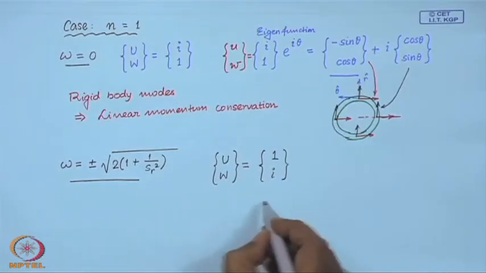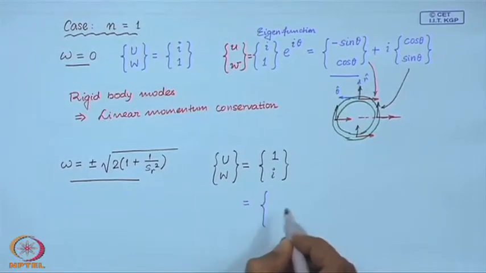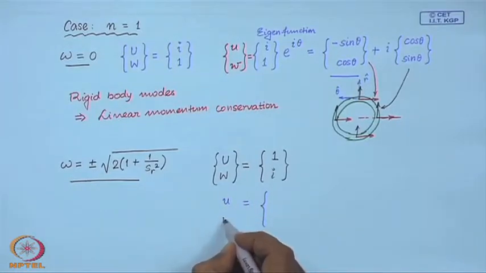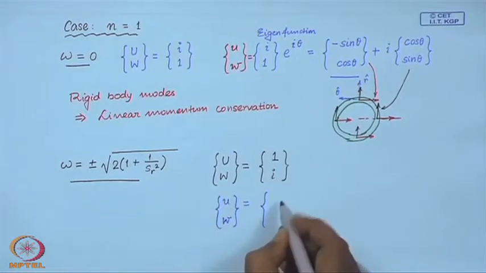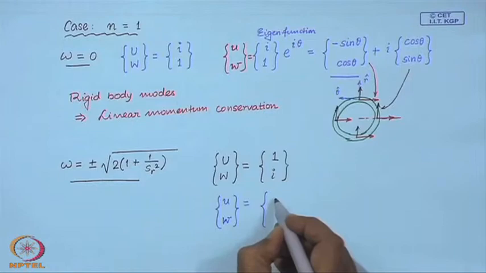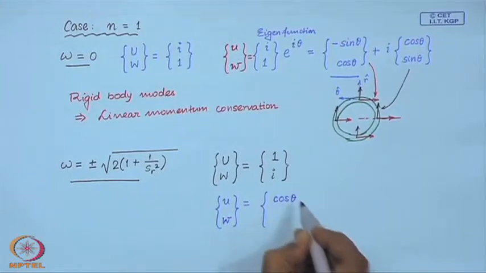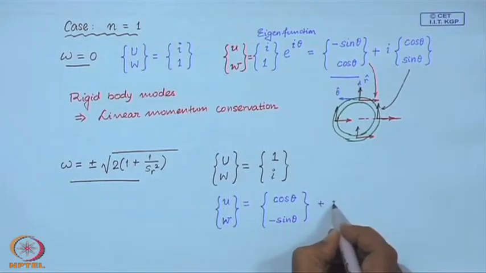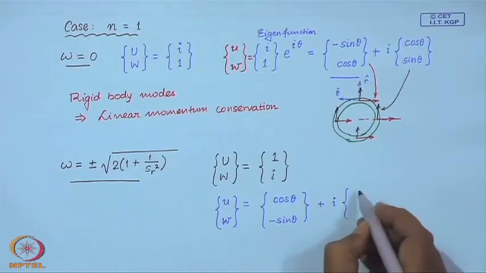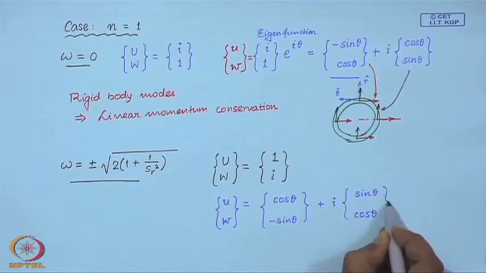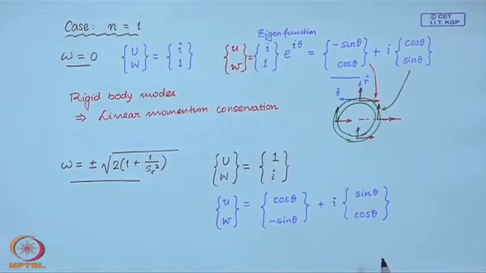So, this turns out to be following this notation. So, if you multiply this with exponential i theta. So, here we have, so these are the eigenfunction vectors.